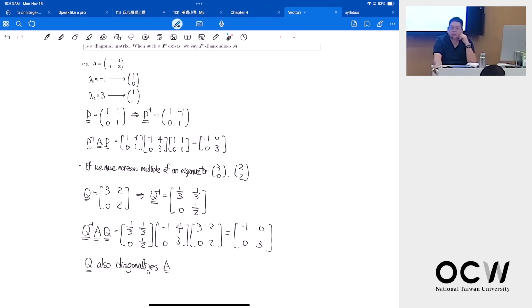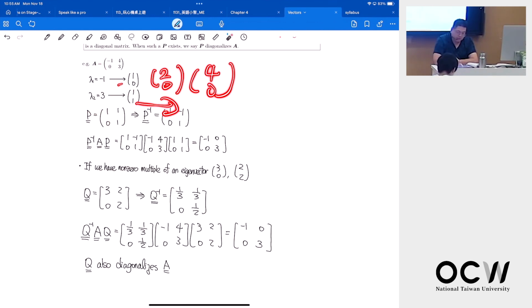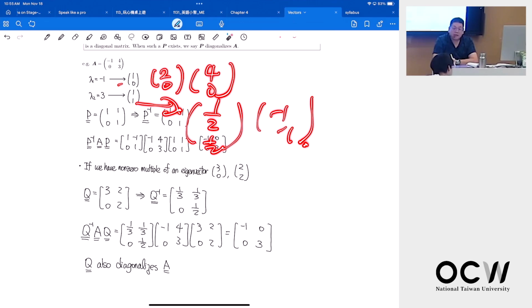So that should give you the concept that once the eigenvalues are fixed, for your corresponding eigenvector, some people may get 2, 0 or 4, 0, or the other person may get 1/2, 1/2 or even -1, -1. It doesn't matter for your eigenvectors.